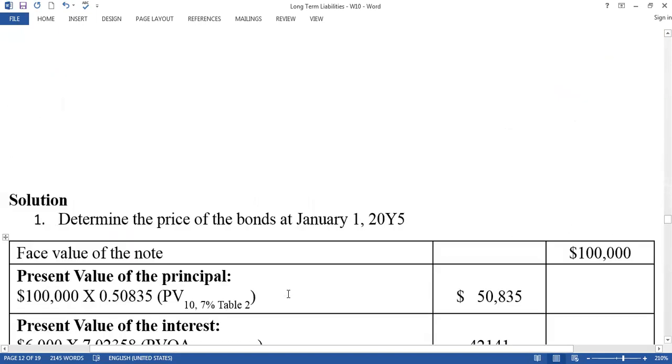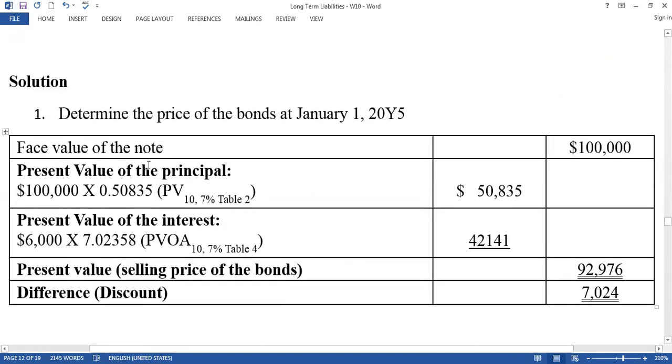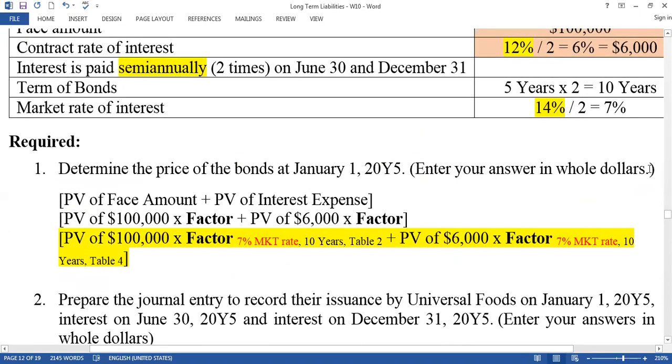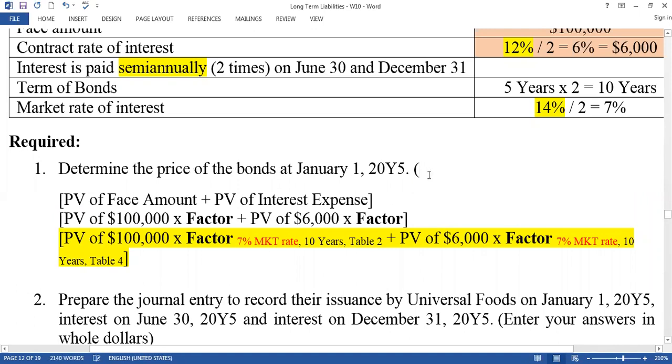Okay, so we do this here. And again, when we record this journal entry, that means when we record the issue of the bond, you remember we compare present value versus face amount. Right?